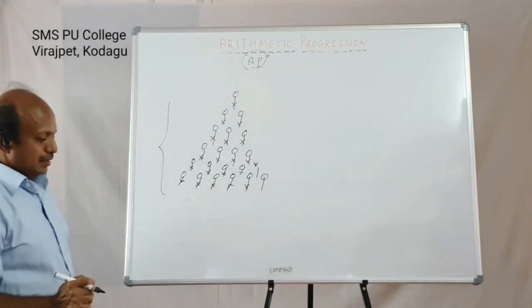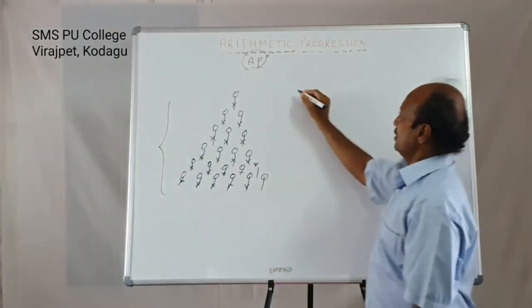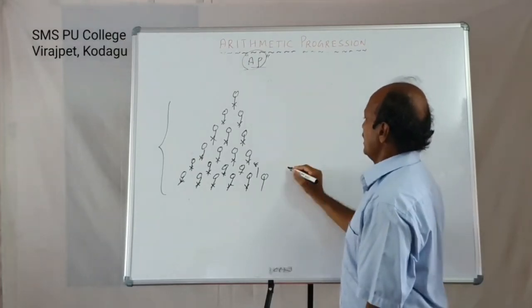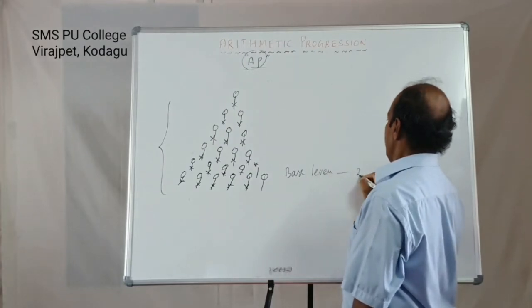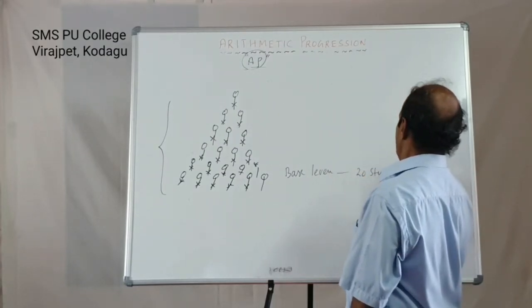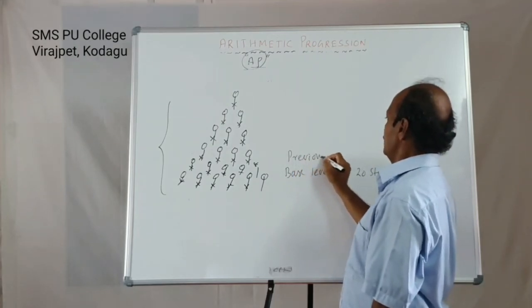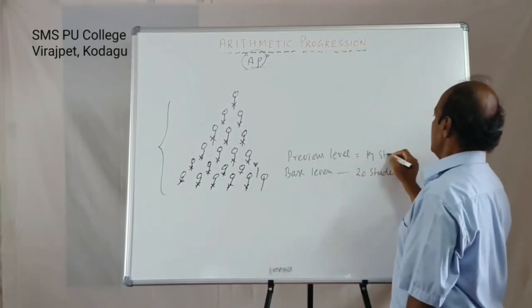Here, let us take that there are 20 students standing at the base. Let us take it the other way. Base level, there are 20 students. Next, the previous level, there are 19 students.